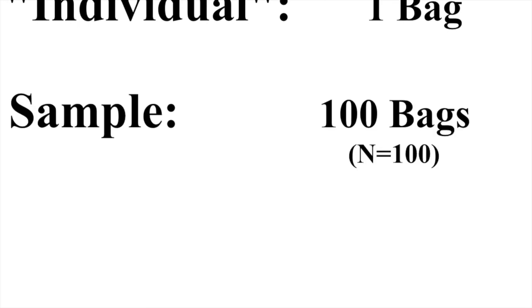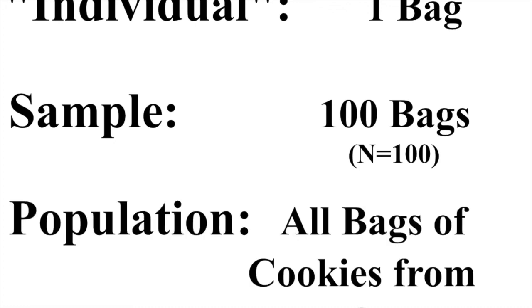In this example, we talk about individuals as a bag. So our sample consists of 100 bags of cookies, so our N is 100. The population we're trying to learn about consists of all bags of chocolate chip cookies produced by this manufacturer. The variable in this problem is the number of cookies in each bag.